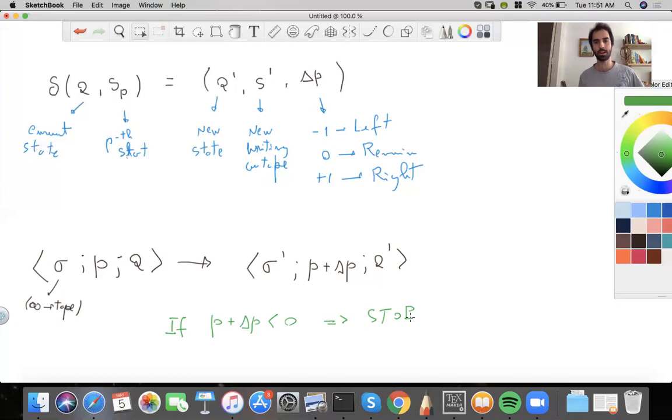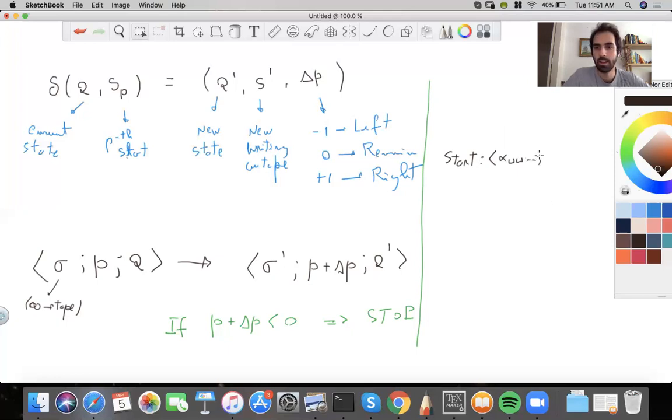I mean, you start with, for example, something written in the first slot and then blank spaces in all the other slots.